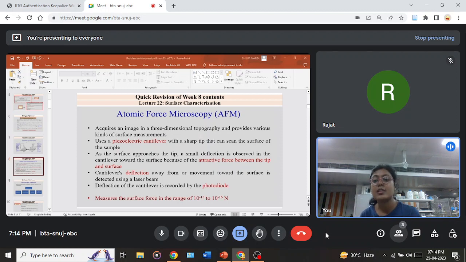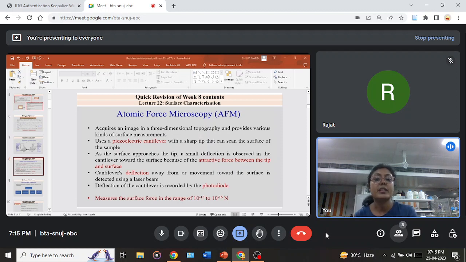So in this case, the components basically involve a piezoelectric cantilever which has a sharp tip that can scan the surface of the sample. Again, there is a cantilever present, and as the surface approaches the tip, a small deflection is observed in the cantilever towards the surface. This is because of the attractive forces between the tip and the surface.